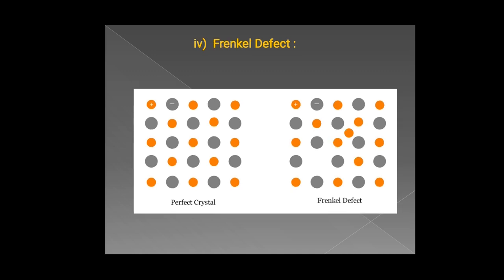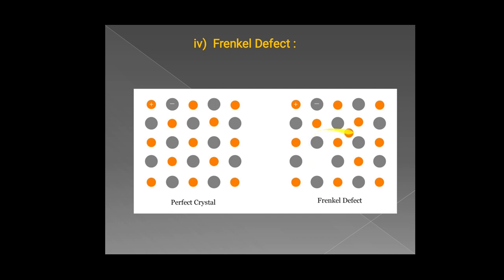The next defect is the Frankel defect. If you see here in the Frankel defect, this is the perfect crystal, and this is the crystal with the Frankel defect. What we can observe here is this positive place, or this vacancy which was for the cation, is now left vacant. But where is that cation?